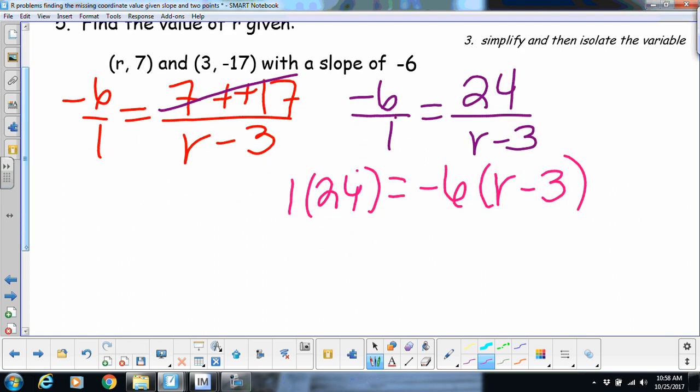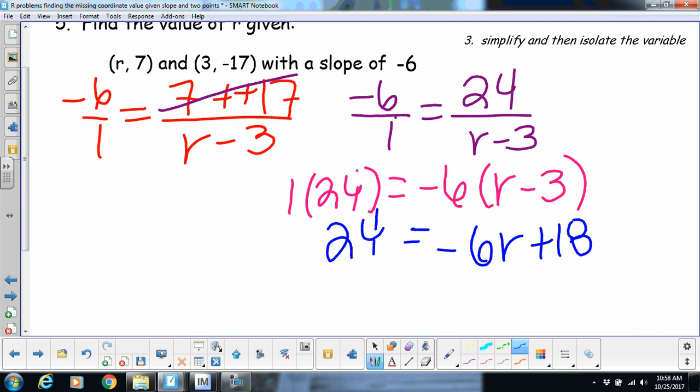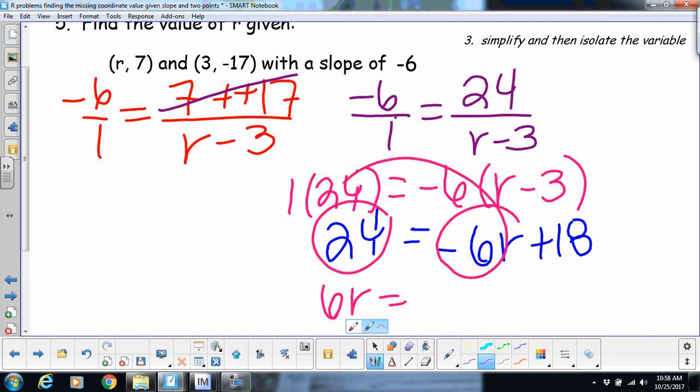All right, so that gives you... Negative 1.